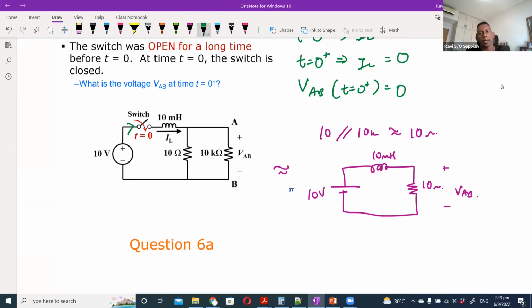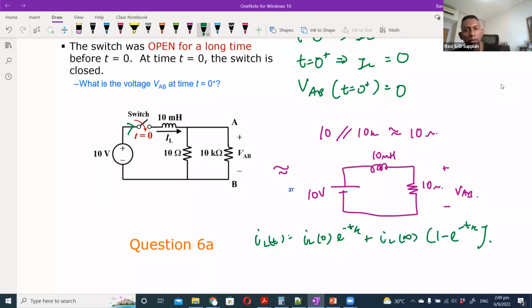With that, I can find the expression for the current, which will be IL0 e to the minus t over tau plus IL infinity times 1 minus e to the minus t over tau. Since IL0 is 0, that part is no longer there.